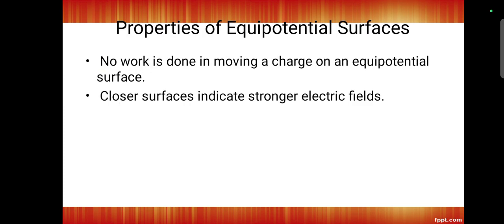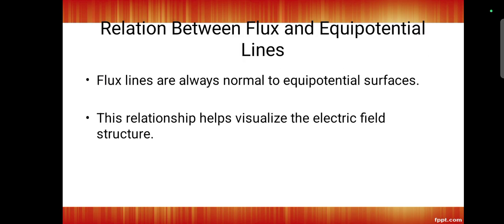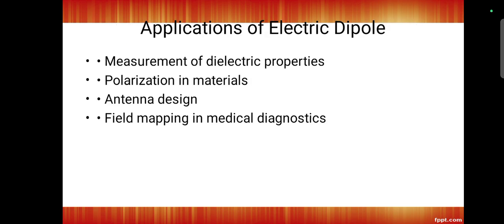No work is done in moving a charge on an equipotential surface. Closer equipotential surfaces indicate stronger electric fields. Flux lines are always normal to equipotential surfaces, and this relationship helps to visualize the electric field structure.